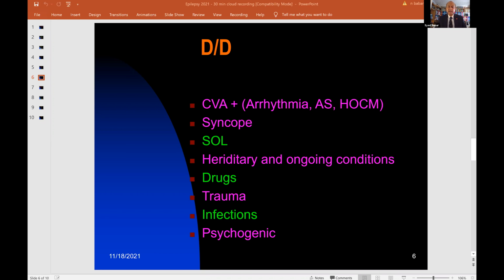There could be hereditary conditions and ongoing conditions such as mismanaged insulin, non-compliance with antihypertensives, and Parkinsonian medications, and so it should be differentiated from these conditions as well.